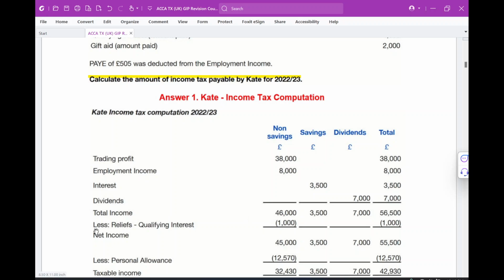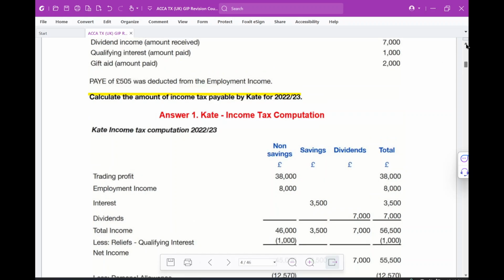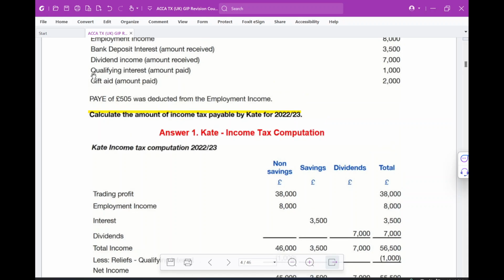We see here that there is a deduction for reliefs, qualifying interest. Now, here's an interesting thing. When we read this, maybe we were sure about it, maybe we weren't. But the bottom line is, where we have an item that's shown as being paid out with that word beside it, qualifying, it stands to reason that it will be a deduction.